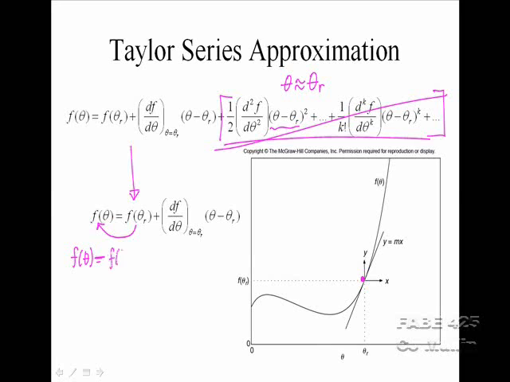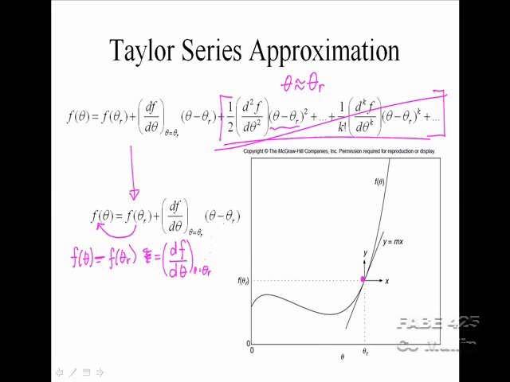Just move that over there, and this is the derivative of the function at theta r. I'm really having a hard time here. And I'm sure those aren't going to show up on YouTube, but that's okay.